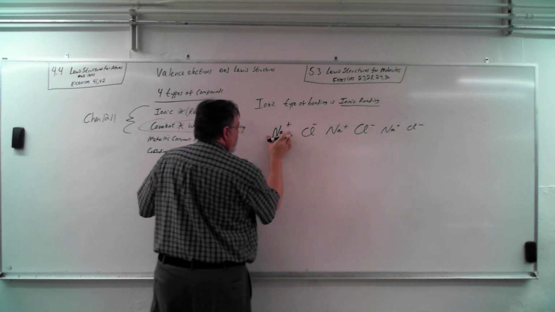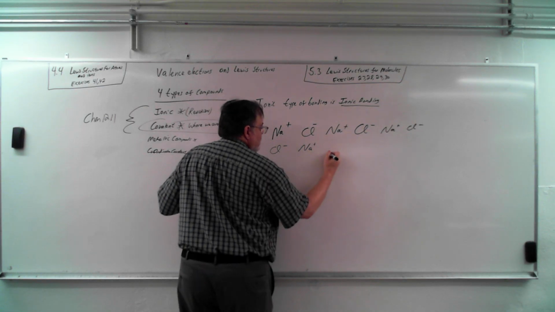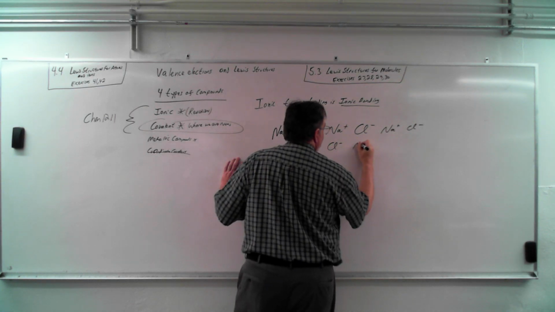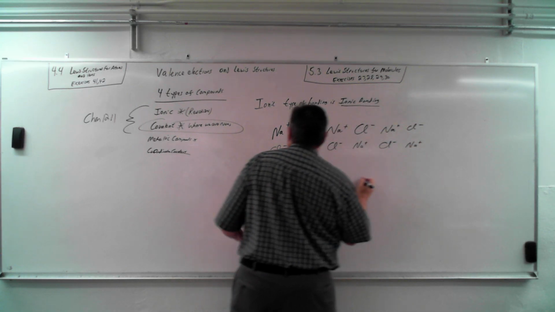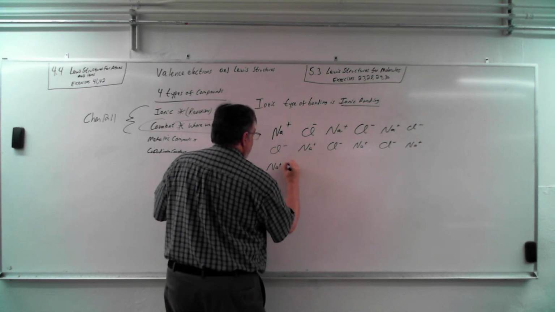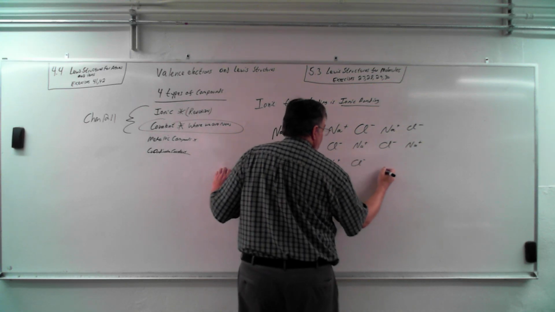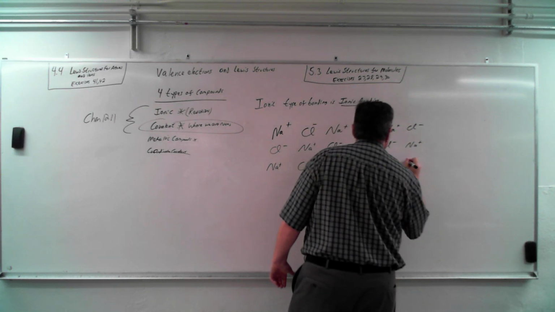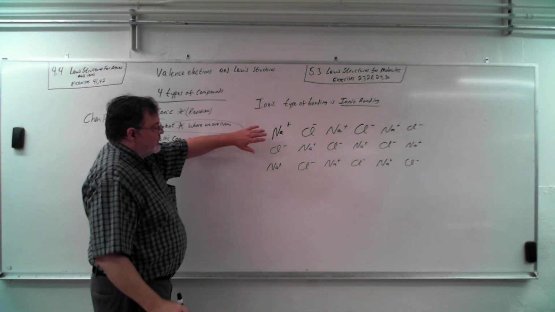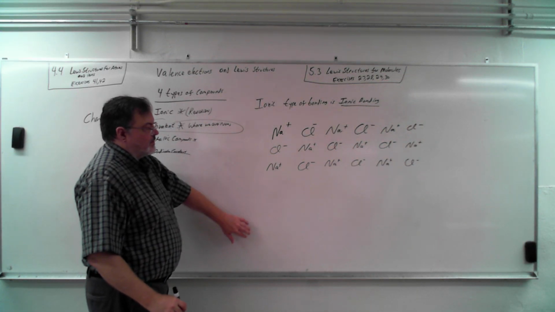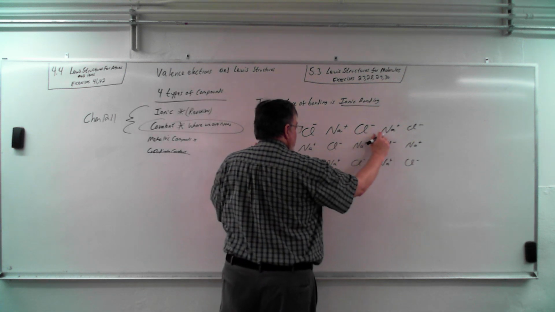And then right below this Na, I'll put a Cl, Na, so I'm just alternating. Okay, so I'm alternating sodium, chlorine, sodium, chlorine, sodium, chlorine. And then across, I'm alternating sodium, chlorine, sodium, chlorine, sodium, chlorine.